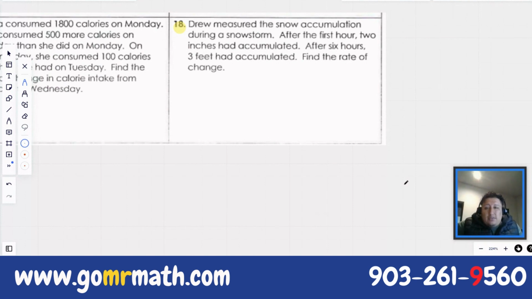Okay, so Drew measured the snow accumulation during a snowstorm. After the first hour, 2 inches had accumulated. After 6 hours, 3 feet had accumulated. Find the rate of change. Okay, so again, exactly the same.